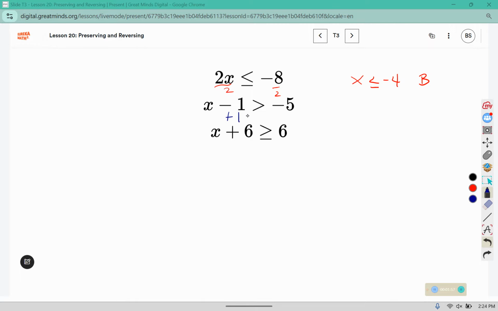For this one, we would add 1 to both sides, so this would say x is greater than -4, which would be the first one. And for this one, we would subtract 6 from both sides, which would give us x is greater than or equal to 0, which was C, since it was the only one that did not start on -4 as its boundary number.